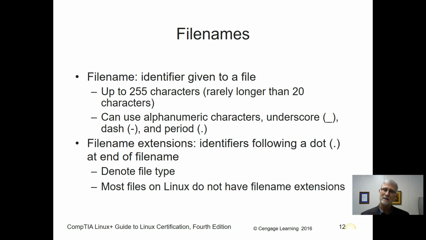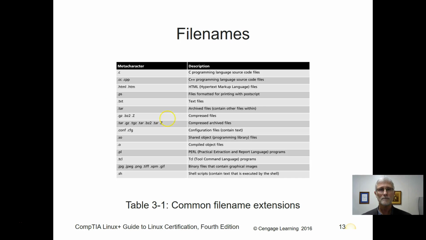Now, you can put a file extension on it, and that's all the characters after the period. And that just denotes the type of file. And most Linux files do not have file extensions, whereas in your Windows operating system, you have pretty much an extension on every single file.